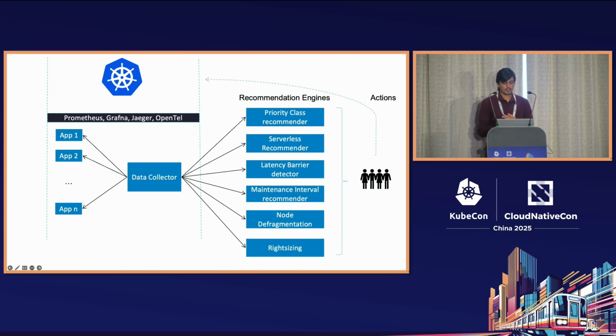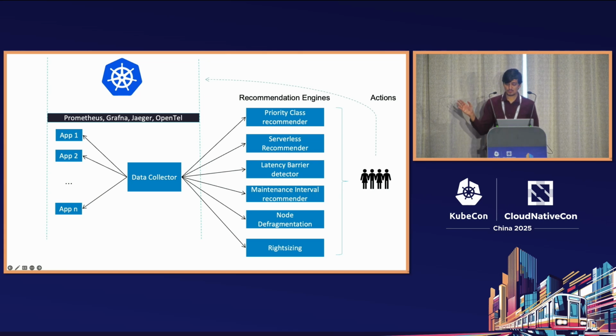As you see here, we have different applications, and we have collected data from them and processed it. The next step is a series of recommendation engines for each type of optimization. As you can see here, we have a service recommender, a priority class recommender, node defragmentation, right sizing, and so on.